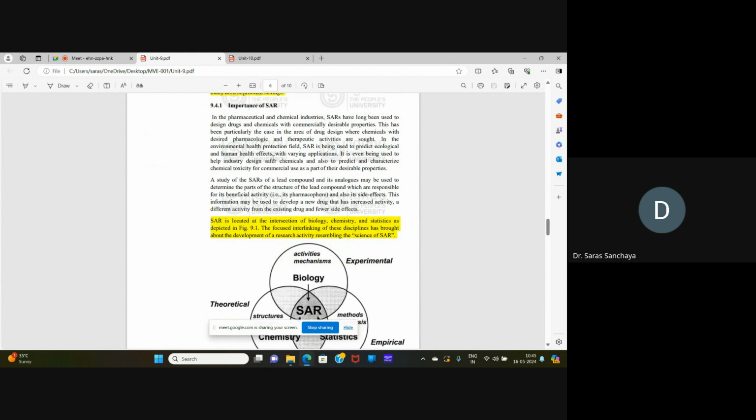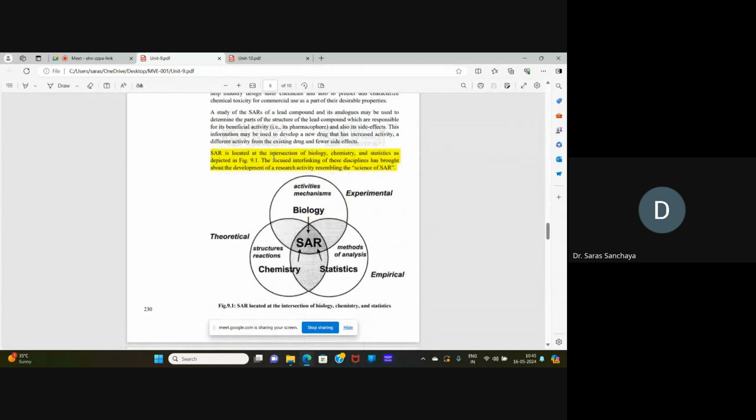SAR is located at the intersection of biology, chemistry, and statistics as depicted in figure 9.1. The focused interlinking of these disciplines has brought about the development of a research activity resembling the science of structure activity relationship. So, SAR is a conjunction of chemistry, biology, and statistics of various drugs.